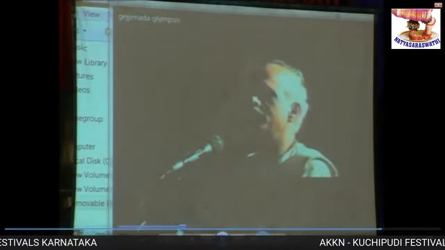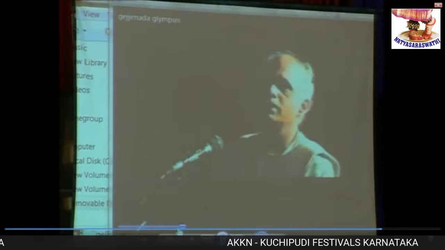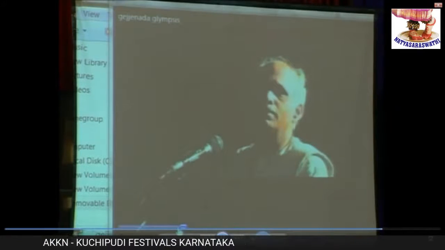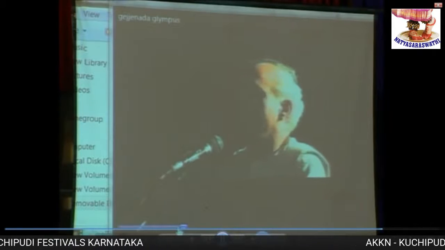And not only the language alone, but instead of mythological themes, social themes have come in. For example, Vempati Satyam has taken the Chandalika of Rabindranath Tagore and put it into Kuchipudi style.